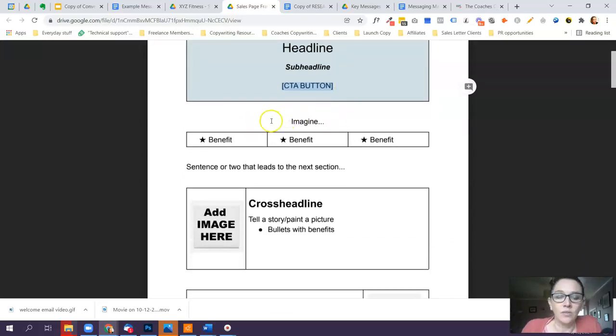You then want to call out some big benefits, like helping them to imagine in the future what their life would look or feel like once they've achieved their benefits and outcomes.